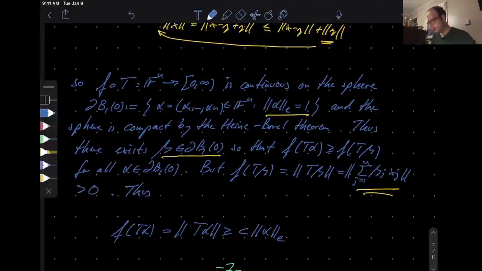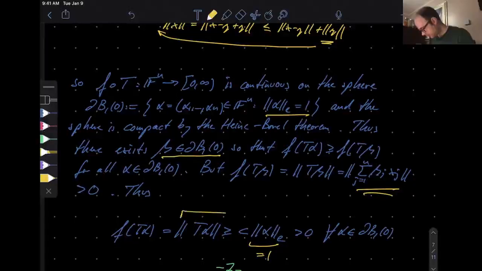I'm going to write here the length or the norm of alpha in the Euclidean sense, but this is of course 1, so I can always multiply here by 1, but you will see later why I prefer this. Okay, so this is positive for all alpha in the boundary of B1. Okay, good.